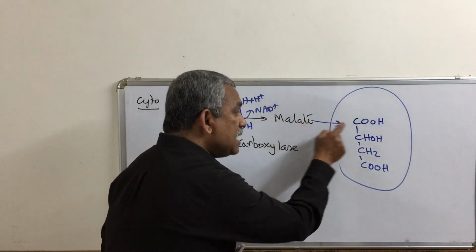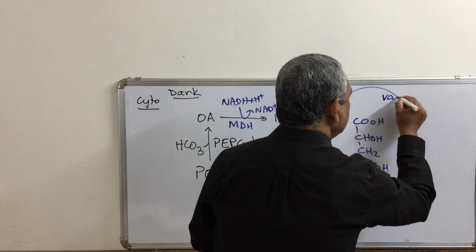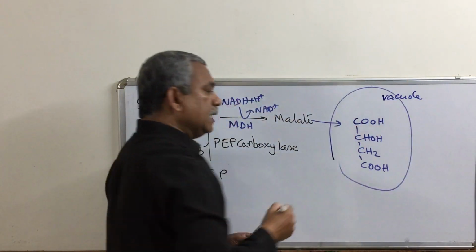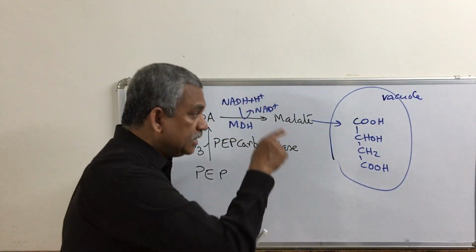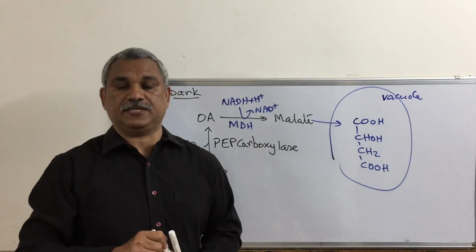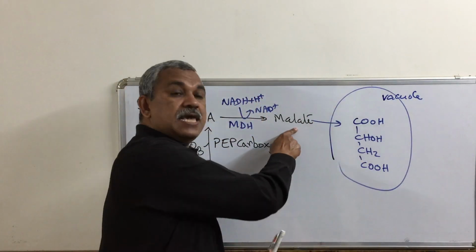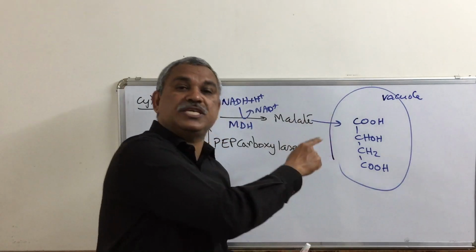Now, malate is transported to the vacuole with the help of ATP expenditure. ATP molecules are needed in order to shuttle the malate by using a transporter.